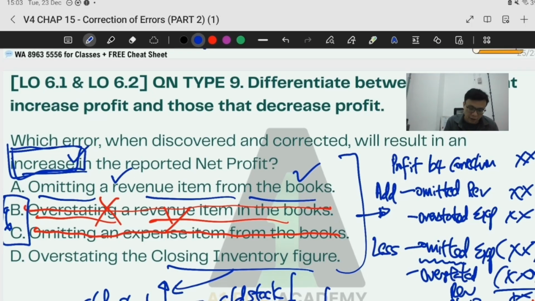Yep. Based on the earlier example that we went through. And it is because of that, D is also wrong. And therefore, the correct answer must be A. So the answer is A. A is the correct answer.